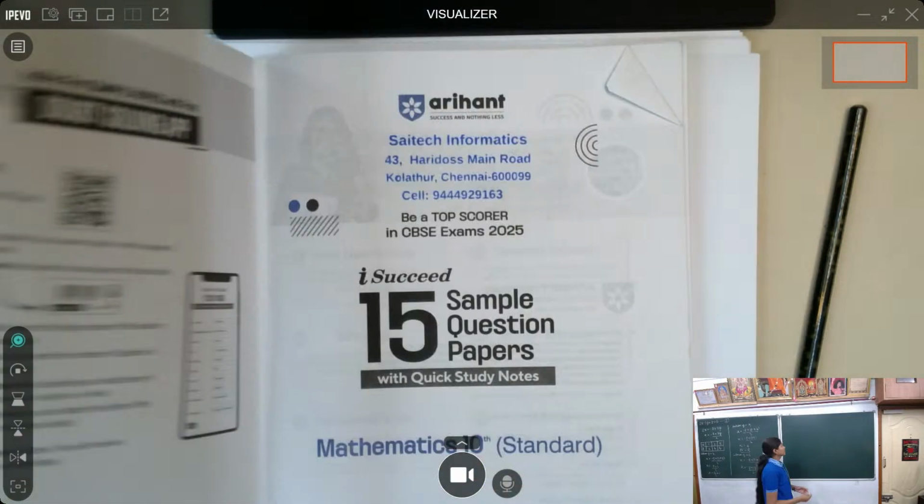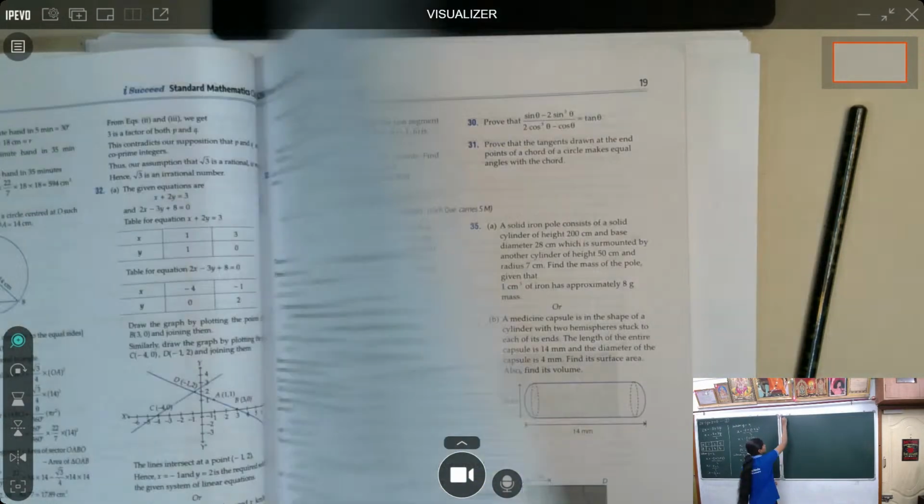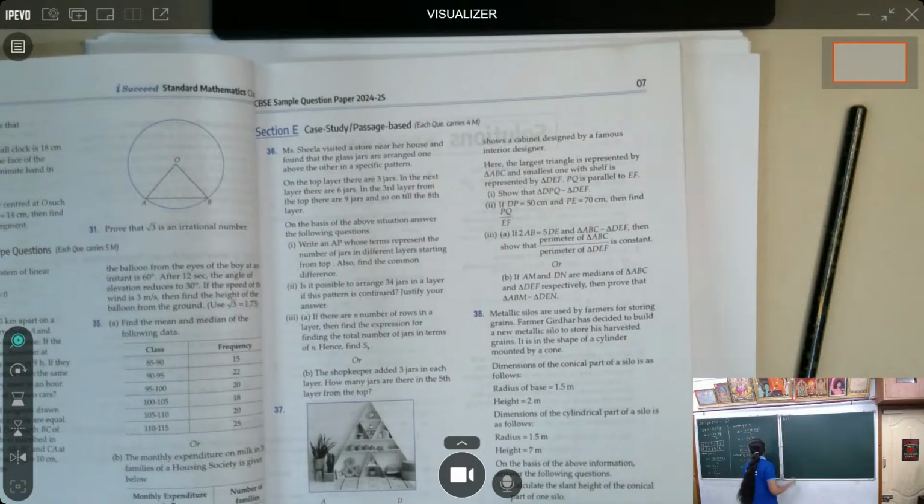Second question, 33. Which question? This 30. One. Prove. Yes. Take down, short form. There you go.